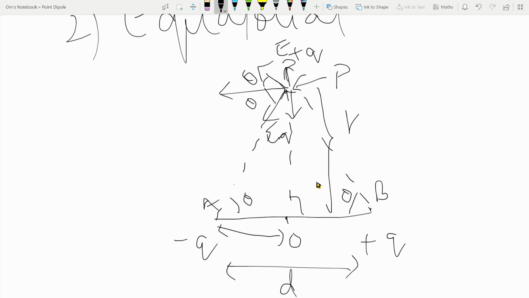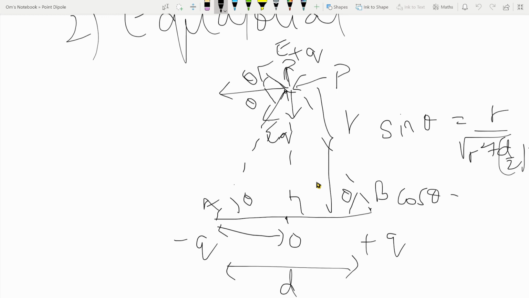So keeping that in mind, let me come up here and write the magnitude of sine theta and cos theta. Sine theta is clearly r by root of r square plus d by 2 the whole square, and cos theta is equal to d by 2 by root of r square plus d by 2 the whole square.